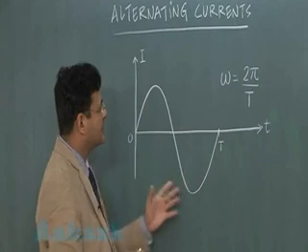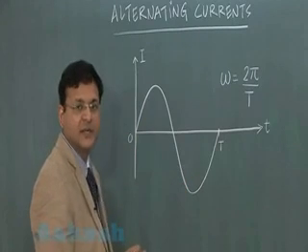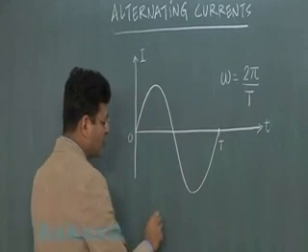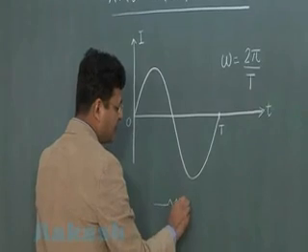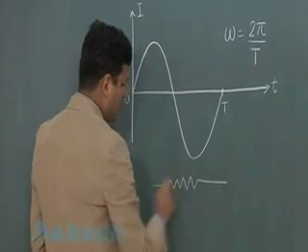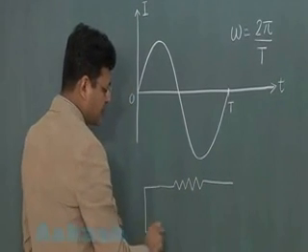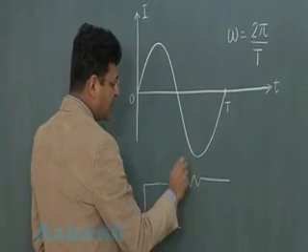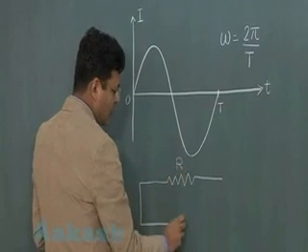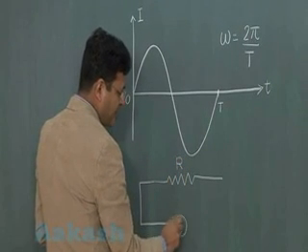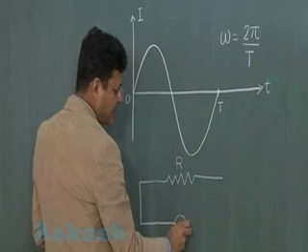Now, whatever graphical representation you have here, if you try to show it with the help of a circuit diagram, then you can say that a resistance R, let us suppose it is connected to an alternating EMF.